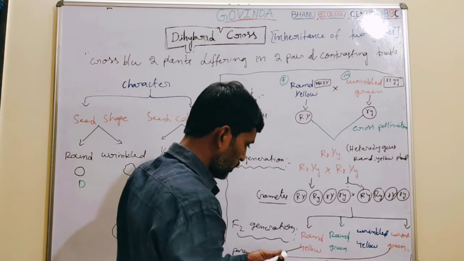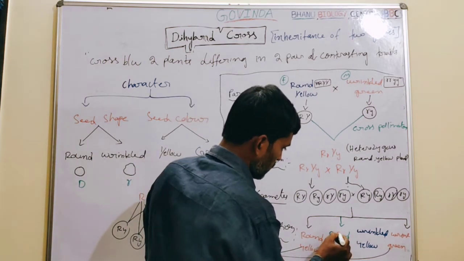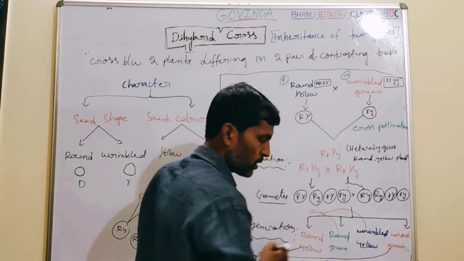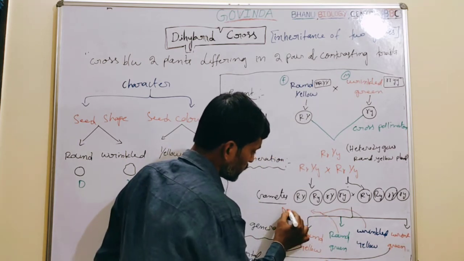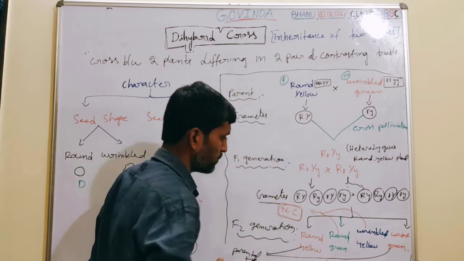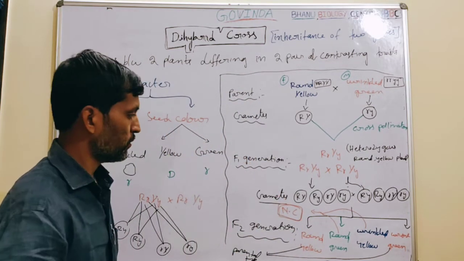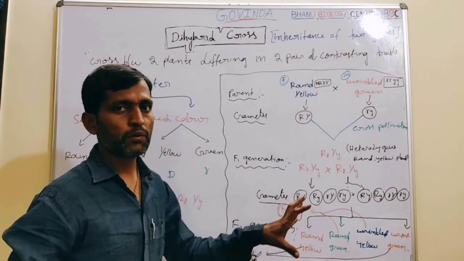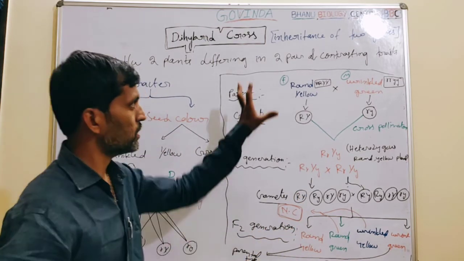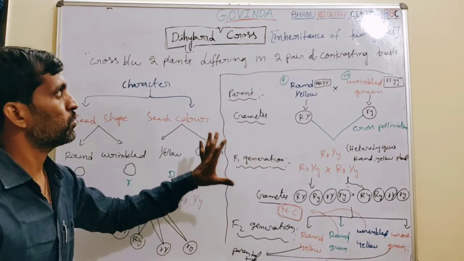But the middle two, round green and wrinkled yellow, are the new combinations. They are not parental types, that is new combinations. So from this observation, Mendel gave the conclusion. So this is the theoretical explanation of the dihybrid cross.